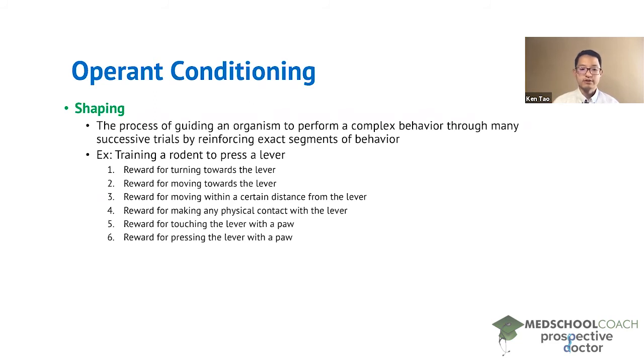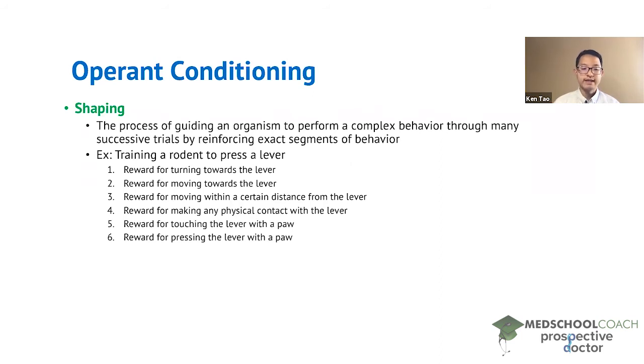And now in order to get the reward, the rodent has to learn to make physical contact with the lever. This can be with any part of its body. It can be with its nose, it can be with its paws, or it can be brushing the lever with its body. So when it does this, you give the rodent a reward, and once it realizes that it just has to make physical contact to get the reward, you'll withhold the reward again. The next requirement is the rodent has to touch the lever with a specific part of its body, which is its paw.